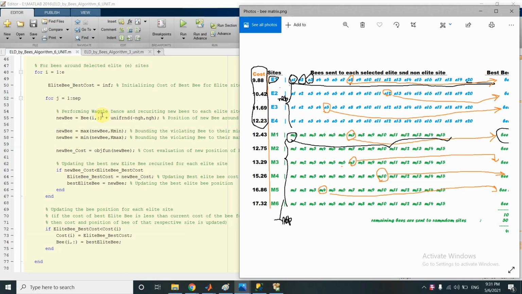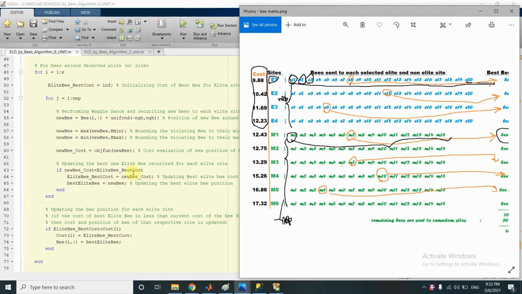For the first iteration, of course, elite bee best cost has infinity value, so the cost value of E1 will be better than infinity, so elite bee best cost will be updated as the cost of E1. But in the next iteration, when we compare the cost of E2 with elite bee best cost, only if the cost value of E2 is better than the existing value of elite bee best cost will it be updated. Otherwise, it will not be updated.